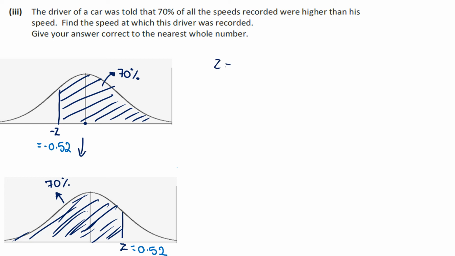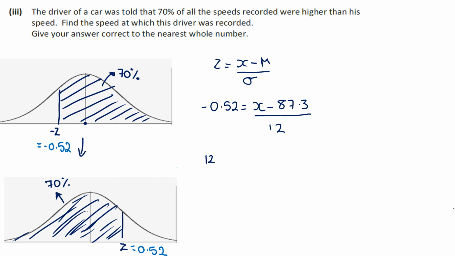So if I talk about the formula as we used it in the last part of the question, I'm saying I know my Z score is minus 0.52. I'm looking for X. I know the mean is still 87.3. My standard deviation is 12.